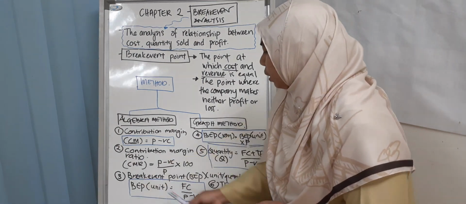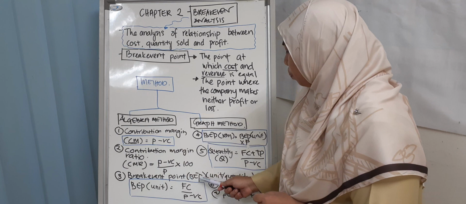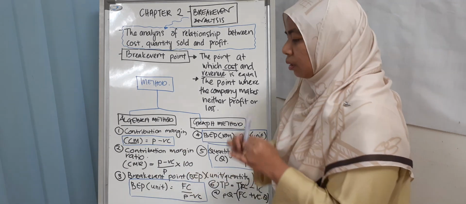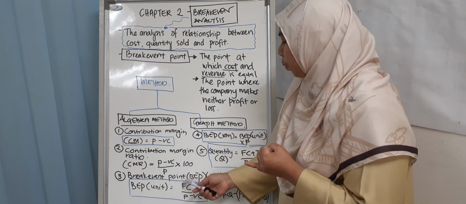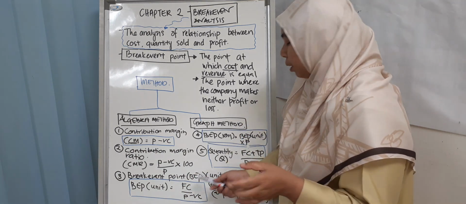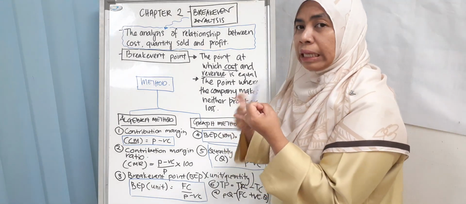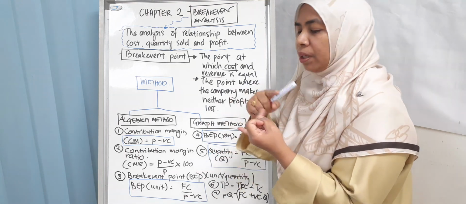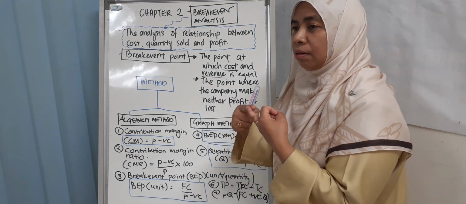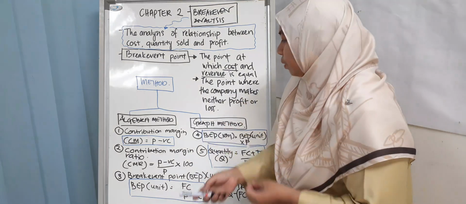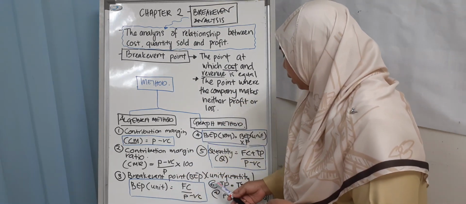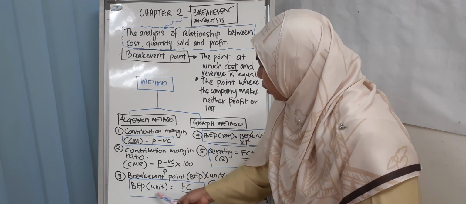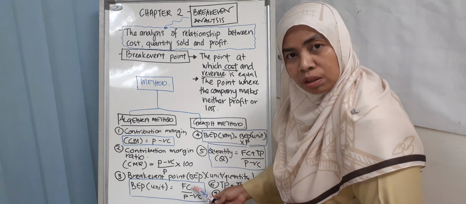Number 3 is break-even point, or BEP. In the question, they always ask first about the break-even point, BEP, first in unit, which means quantity, and then in ringgit Malaysia, which is in dollars. So for BEP in unit, the formula is BEP unit equals fixed cost divided by price minus variable cost.